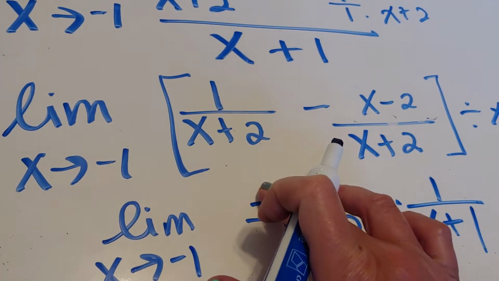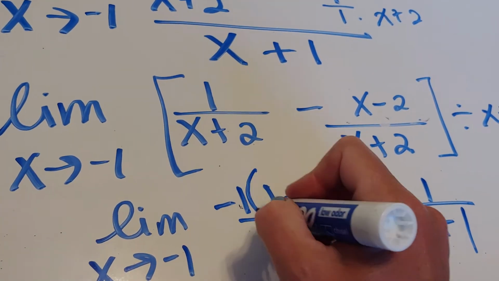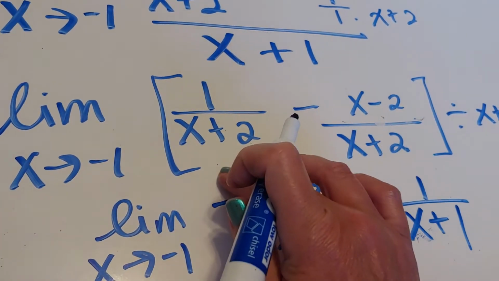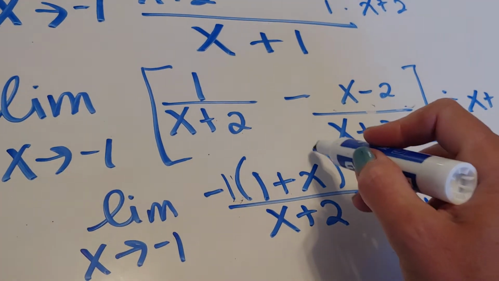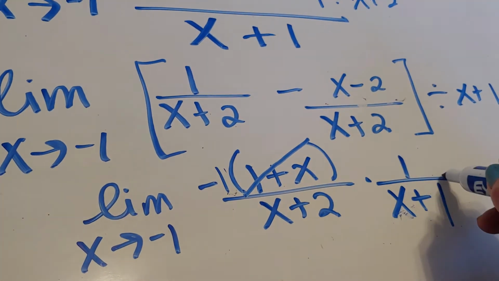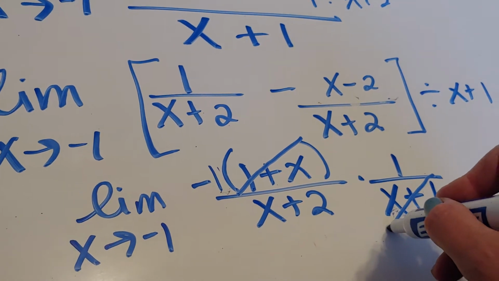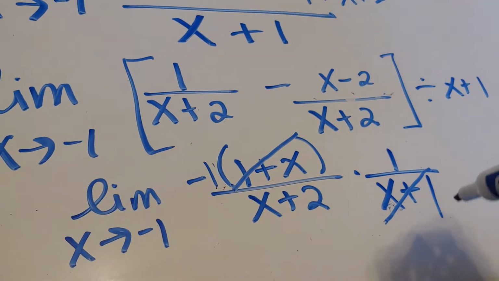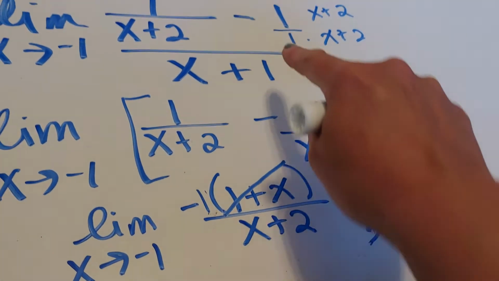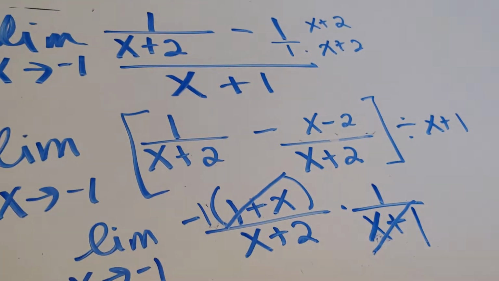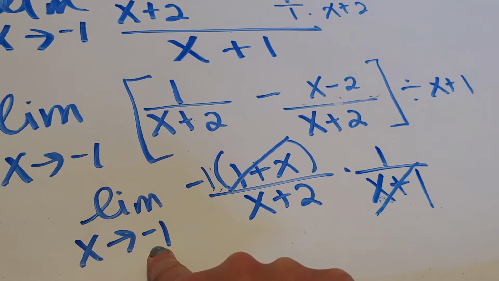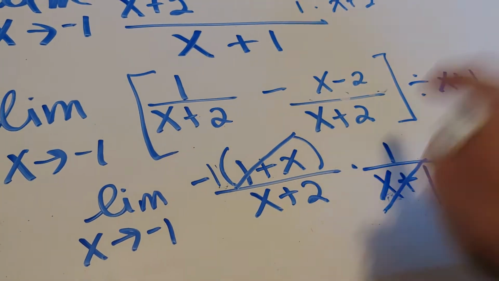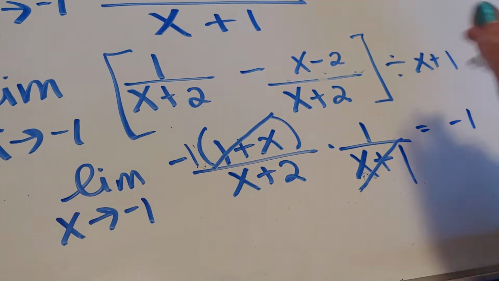All right, now I'm going to factor out that negative 1. Okay, so now that original denominator gets crossed off. Now, once I cross off my original denominator, so when I say original denominator, I mean back up here. Once that gets crossed off, I should now be able to plug in negative 1. So let's see what happens. I get a negative 1 times 1, which is a negative 1.